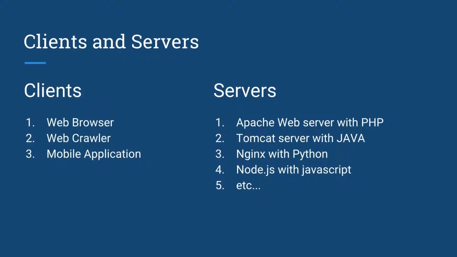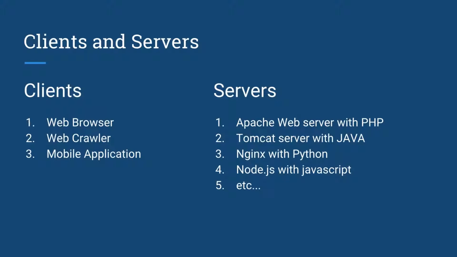The client in most cases is a web browser, but it can also be another thing such as a web crawler, Google's search engine. When it starts crawling a website, it's considered a client. It sends an HTTP request to the server, and the server returns the response.